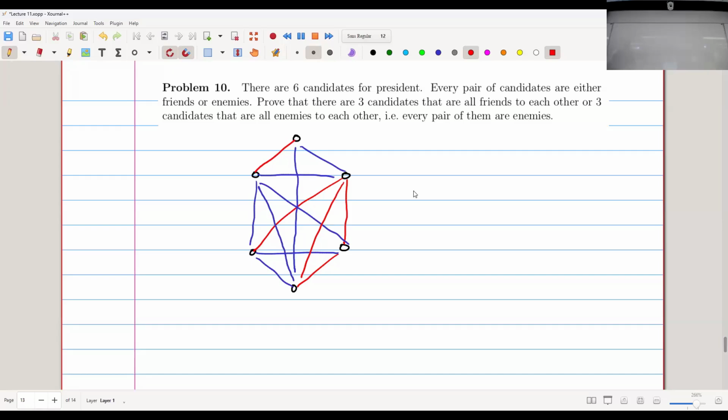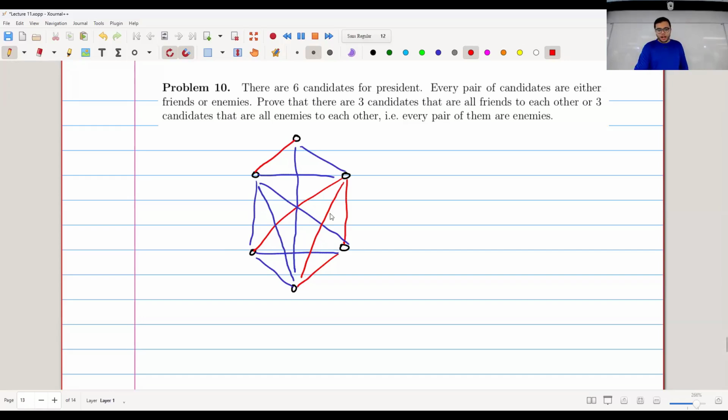I'm not going to draw all of it again, it's hard, right? So I have 6 candidates, and every 2 candidates either have a red edge between them, which means they're enemies, or they have a blue edge between them, which means they're friends. Now, what we want to prove is that we have a triangle that has only one color.